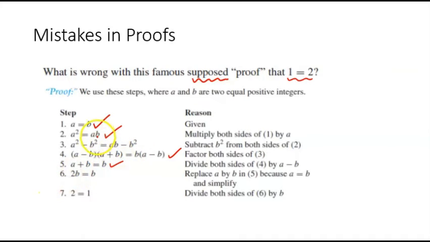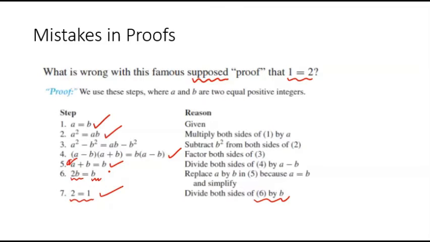Now as we were given in the first step that a and b are equal, in the sixth step I replace a by b. So b plus b becomes 2b, and 2b is equal to b. Finally in step 7 we divide both sides by b, so we get 2 is equal to 1. I hope you got this.